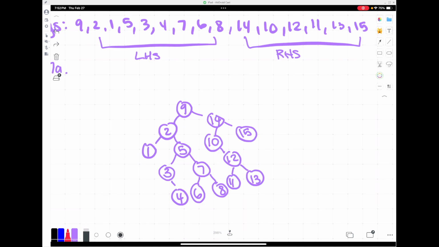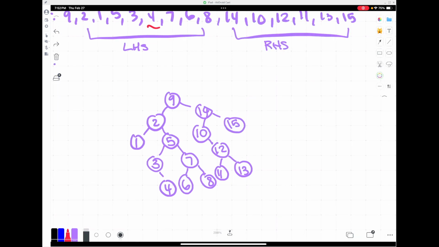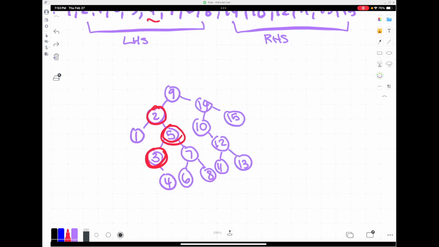So 3, it's greater than 2, yes, but it's less than 5, so we put it on the left. And then 4 is greater than 2, less than 5, but since we already have something here, we'll look at that. So 4 is greater than 3, so then we put it here. And I feel like that kind of explains it.